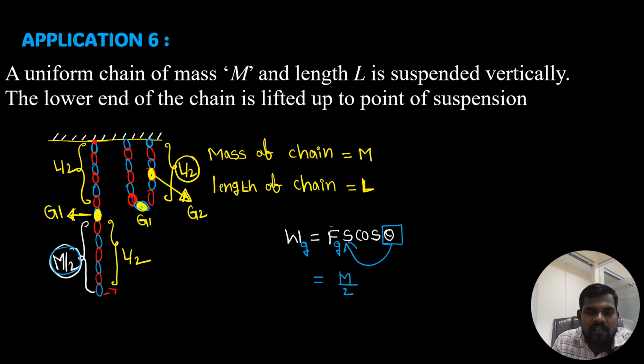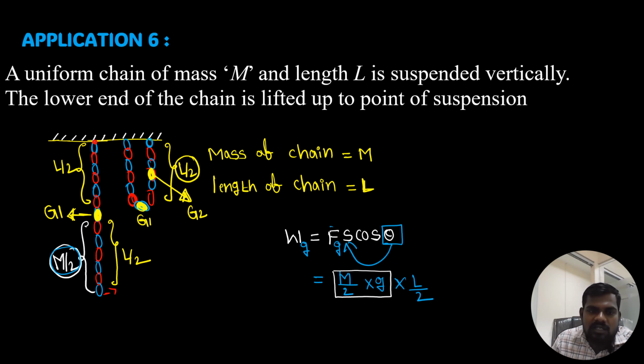How much height did I lift? L by 2. And g is the acceleration due to gravity; this is the weight formula m into g, but the mass is M by 2. The displacement is L by 2. Now what is the theta value? Theta is the angle between Fg, the gravitational force, and the displacement L by 2.